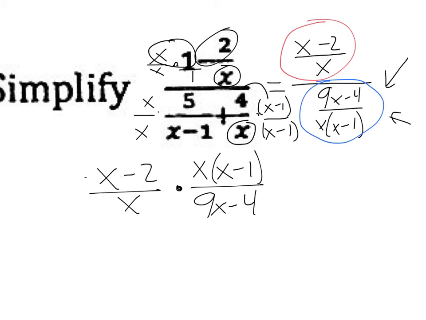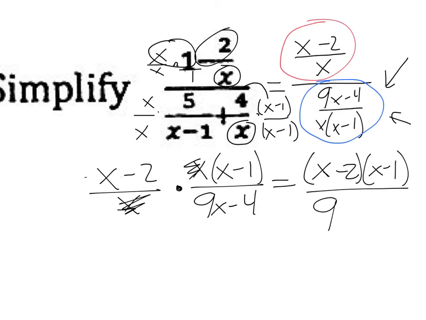So instead of dividing fractions, we multiplied by the reciprocal. Now it's like last class where we look to cancel things out and factor. Well, these x's go away. And I can't really do anything else, so I'm just going to put this stuff next to each other. So I have x minus 2 and x minus 1 in the numerator, and then I have 9x minus 4 in the denominator. That's how you deal with complex fractions. You combine the numerator, combine the denominator, and then multiply by the reciprocal.